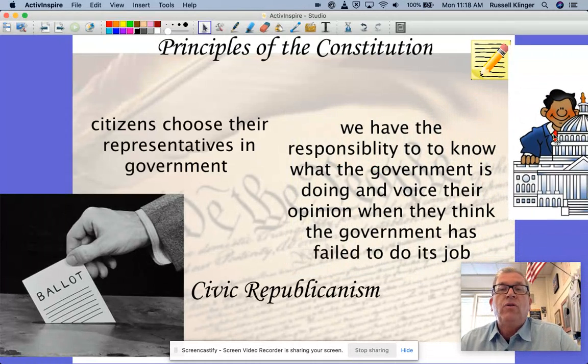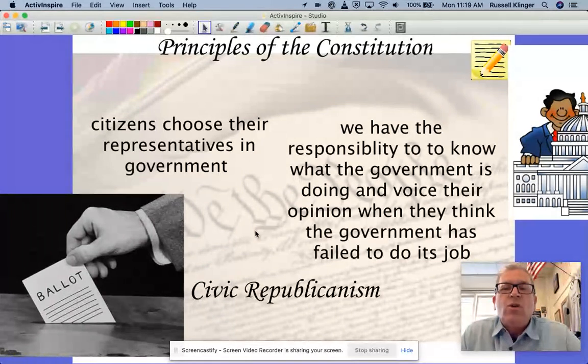And also, as a part of this idea of civic republicanism, is that we have the responsibility to know what our government's doing, and we have a responsibility to voice our opinions when we think the government has failed to do its job. Being a part of the United States means you're actively staying informed.